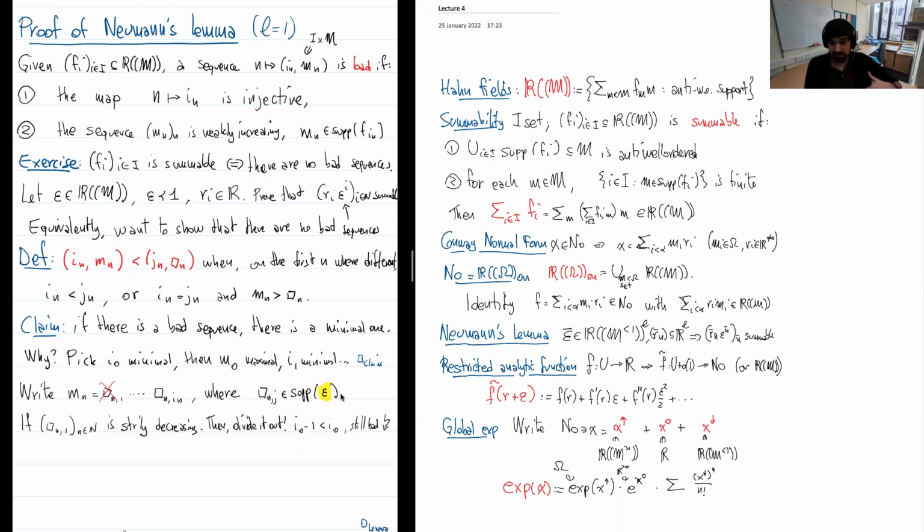The support of epsilon is anti-well ordered, and that means there's going to be a subsequence of these monomials which is weakly decreasing.